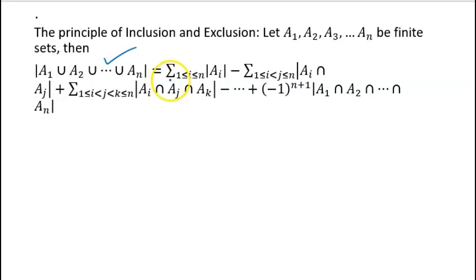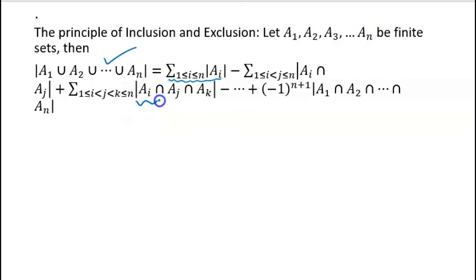So first we take one set at a time and add it. So I take the number of elements in A1 plus A2 and up to An. Then we take a minus sign and subtract the number of elements which are common in two of the sets. So I take all possible pairs which I can take from these n sets. Like I can take A1 intersection A2, A1 intersection A3, A1 intersection A4 and so on.